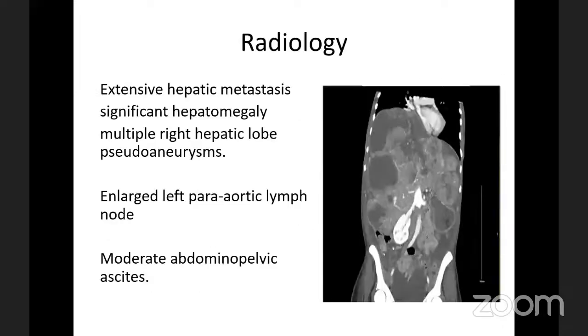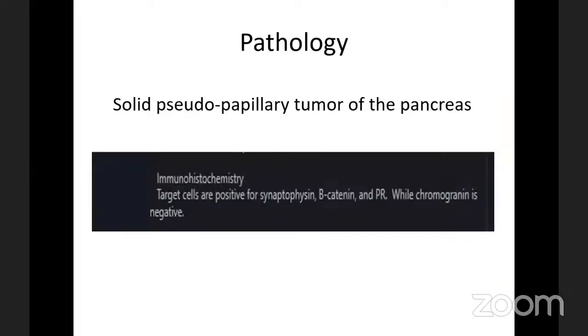Now, this really shows you how extensive her disease burden is. So she had extensive liver metastases. She had significant hepatomegaly. She had right hepatic lobe pseudoaneurysms, and she had para-aortic lymph node enlargement. She also had ascites, so she was decompensating, in fact.